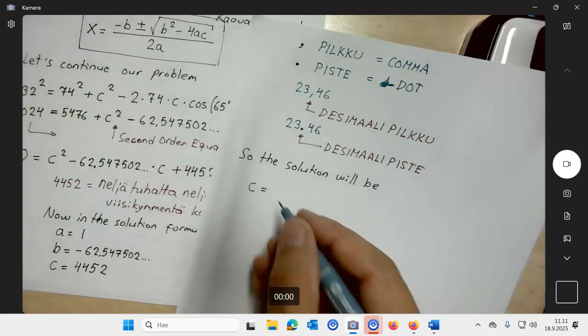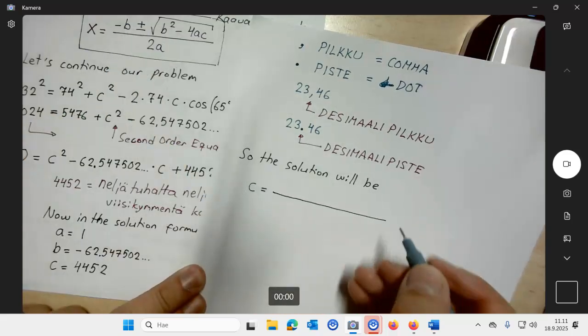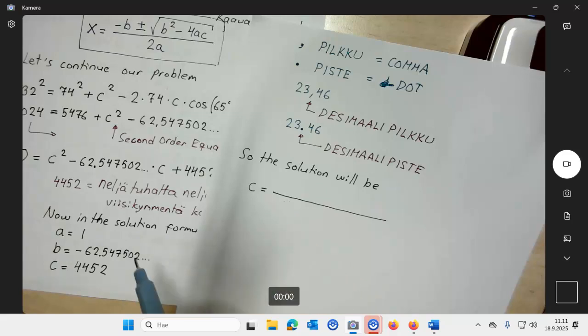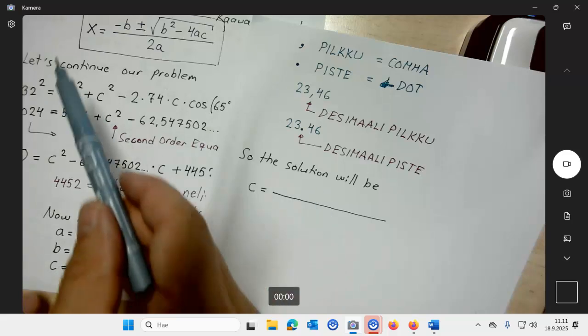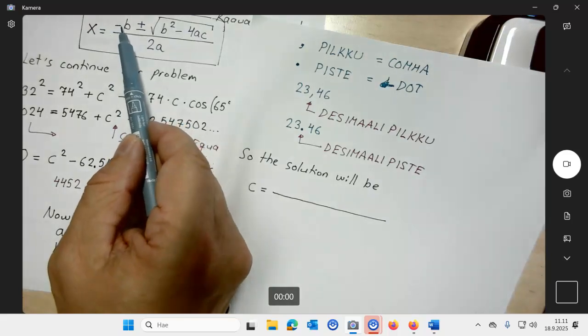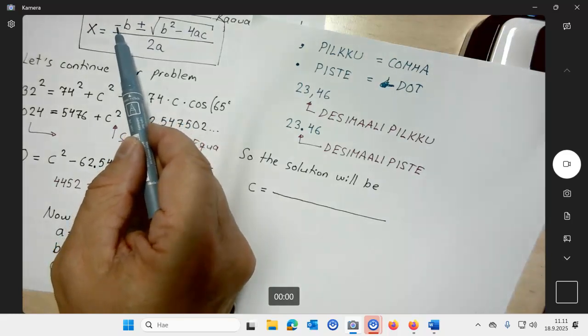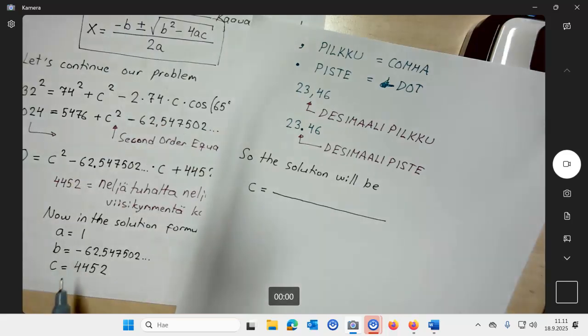We have a division line here and minus b. It will be plus. We could think that this minus here means the changing of the sign. So if we have minus here, it will be plus here. If we have plus here, it will be minus. So it is the opposite sign.